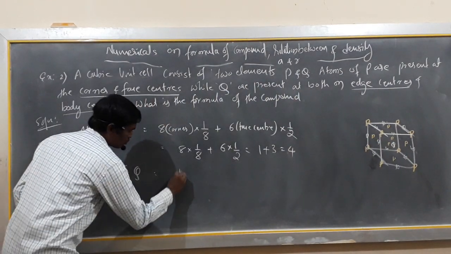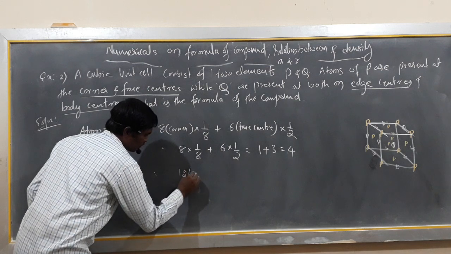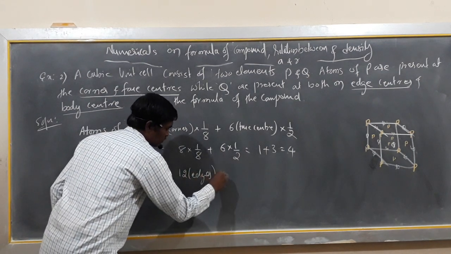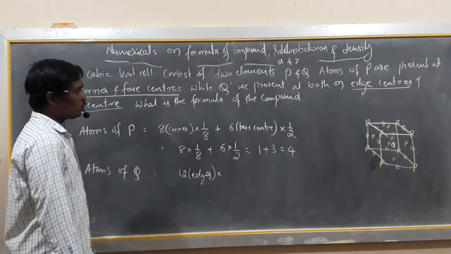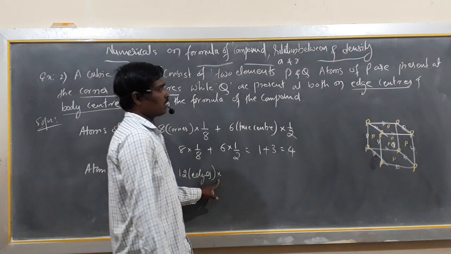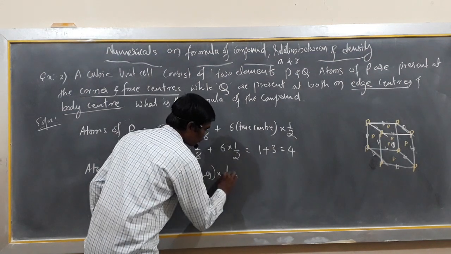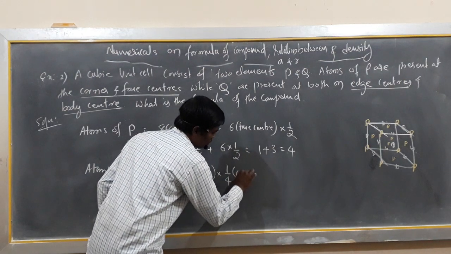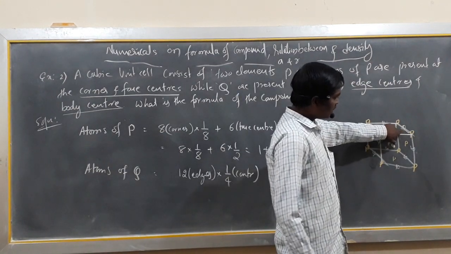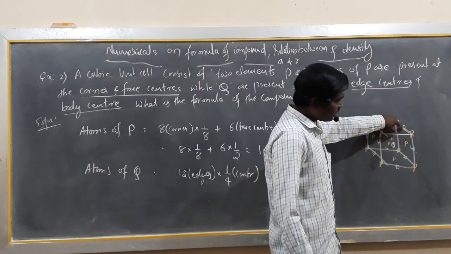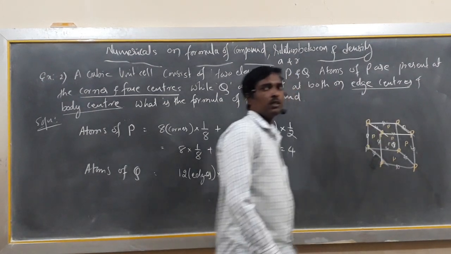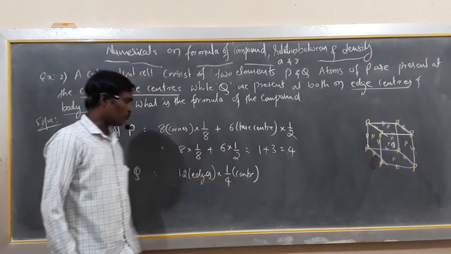So 12 edges are multiplied with the contribution of each edge-centered particle to that particular unit cell, which is 1 by 4. This is because the edge-centered particle is shared by 4 unit cells. Therefore, the contribution of that edge-centered particle to that unit cell is 1 by 4.